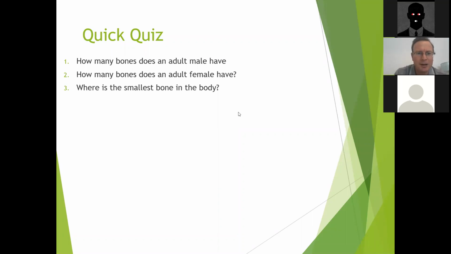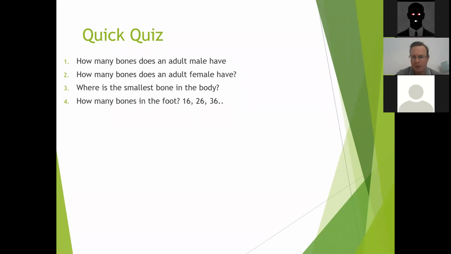Okay, so next we've got: how many bones in the foot? You've just got to take a punt. 16, 26, or 36? Well done, Ash. 26 is correct.